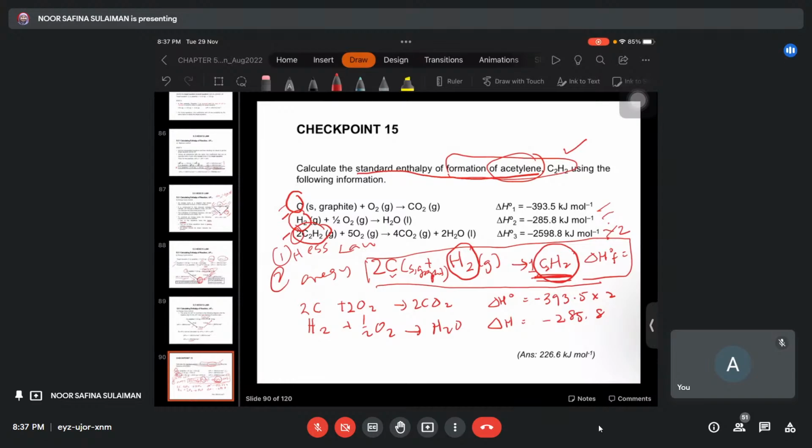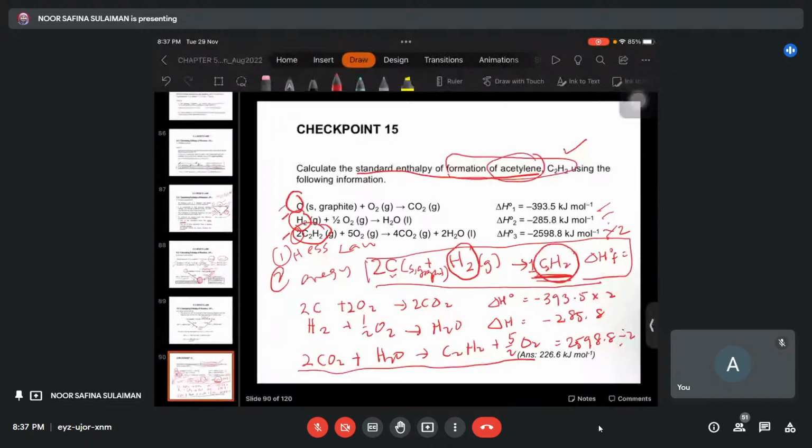Okay, so kita akan dapat 2CO2 plus H2O produce C2H2 plus berapa? 5 bahagi 2? 5/2 O2. So sama juga dengan 2598.8 divide by 2. Okay, and then kita cancelkan kiri dan kanan mana yang sama.